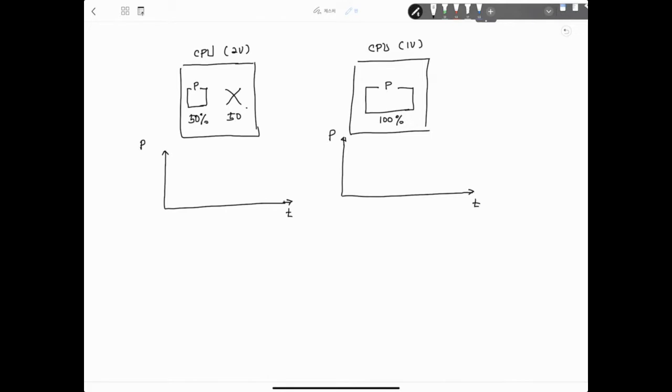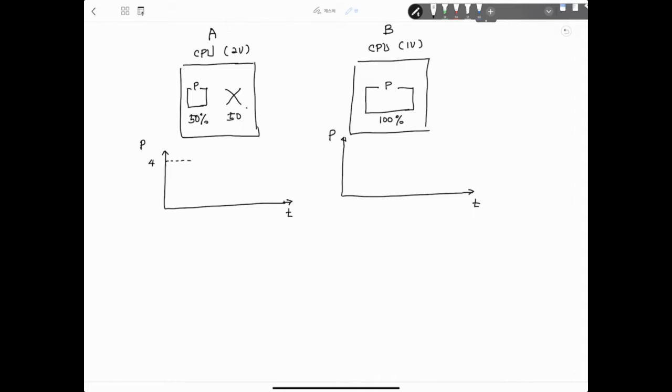So better means that which is consuming less energy. As I mentioned, in process A, the power consumption is 4 because of its 2 voltage.